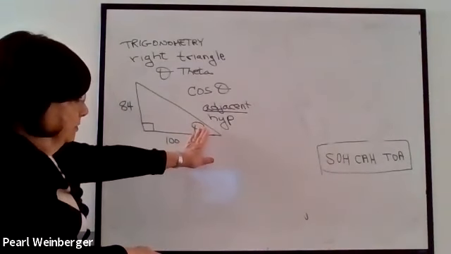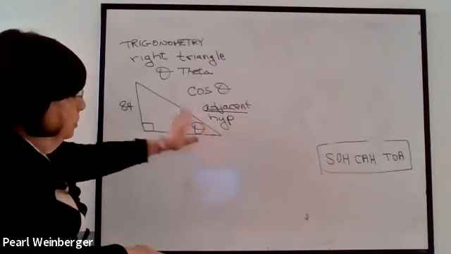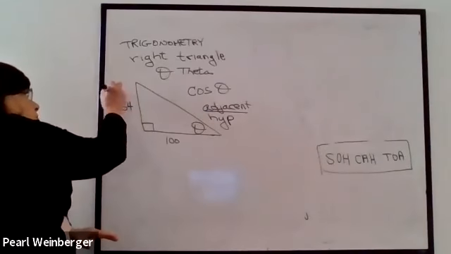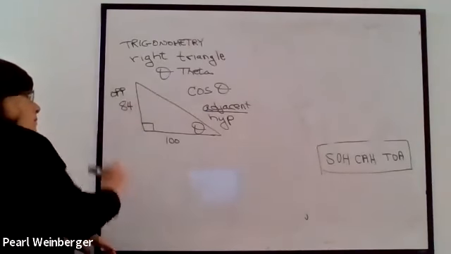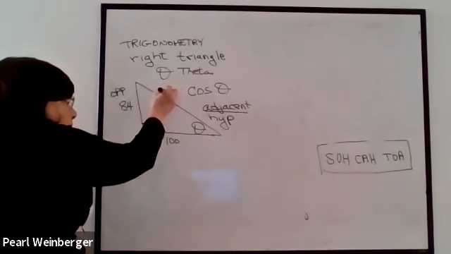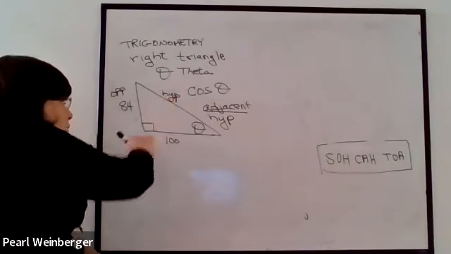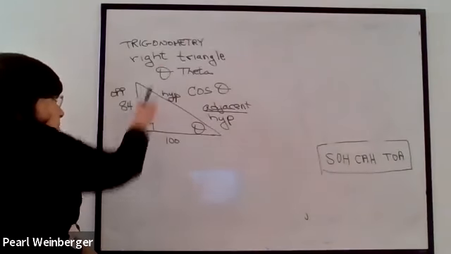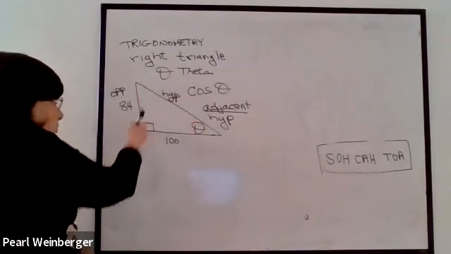Label the three sides. Now, the side that I always label is the one that's directly across. This is going to be my opposite side. Obviously, this is going to be my hypotenuse because it's opposite the right angle.